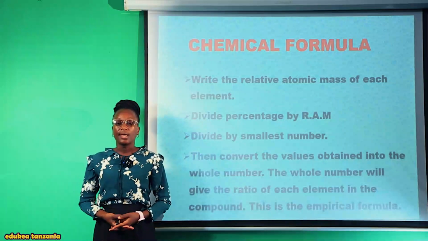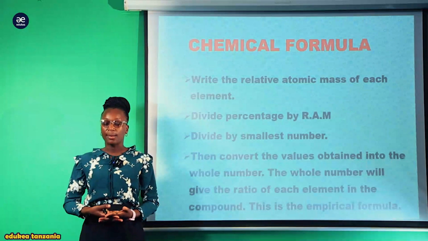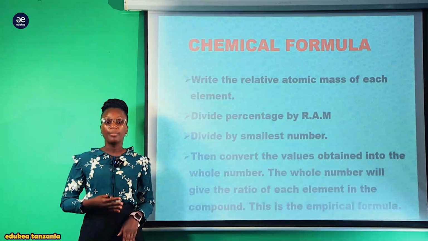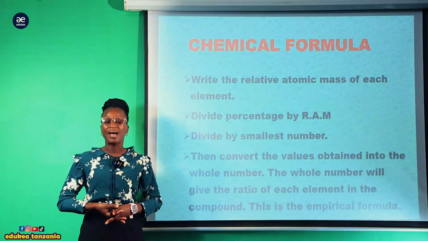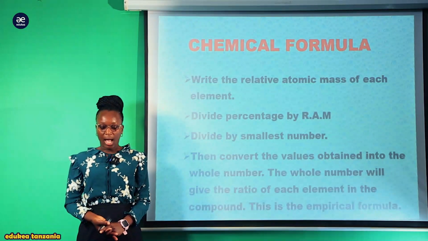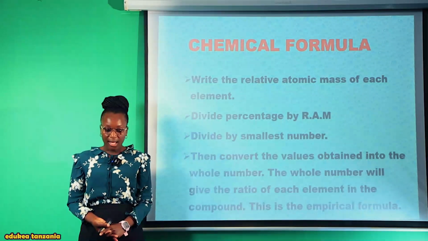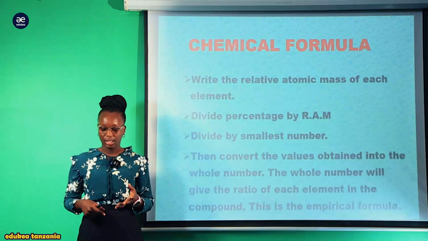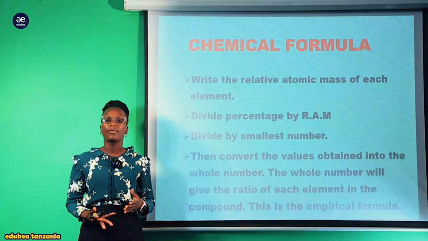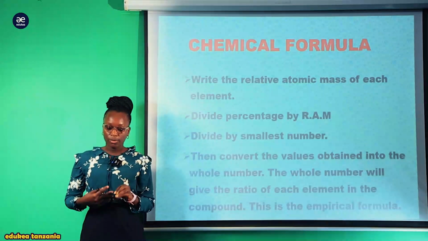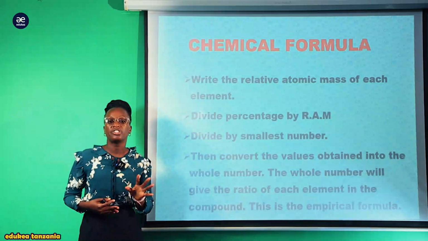After that, another step to calculate this empirical formula is division. It means you divide percentage by relative atomic mass. And after that, convert the value obtained into the whole number. Unapeleka inakuwa katika namba ya kawaida. After that, the whole number will give the ratio for each element.